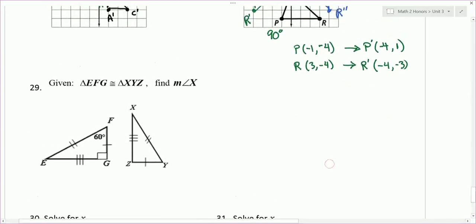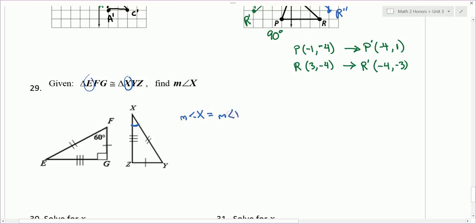29. Given a triangle EFG is congruent to triangle XYZ, find the measure of angle X. Okay, measure of angle X is here, and X is the first letter, so that's congruent to E. So we know that angle X, or the measure of angle X, is equal to the measure of angle E. So I'm going to mark that in here.